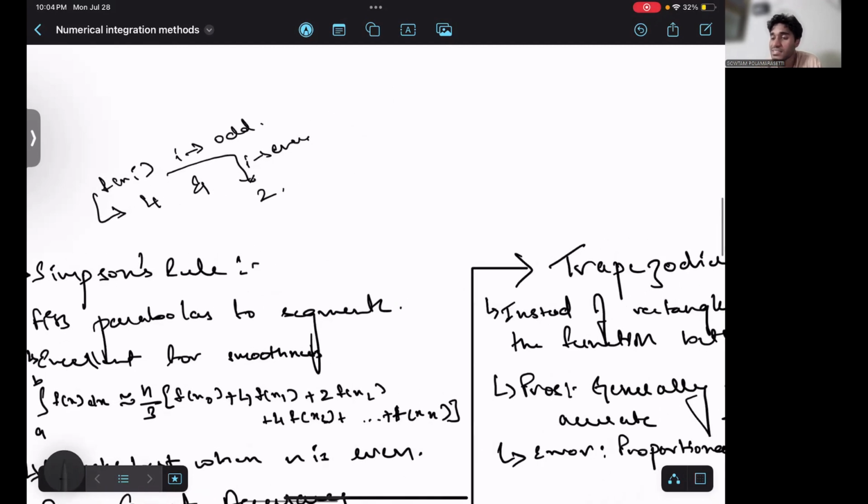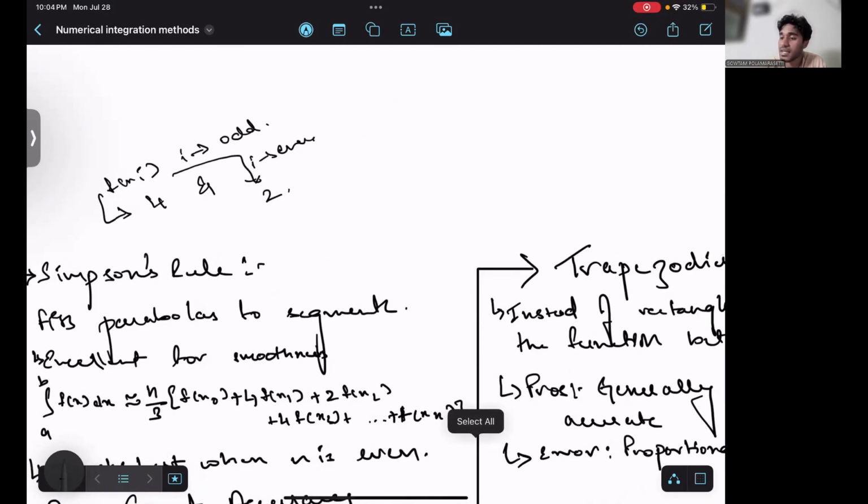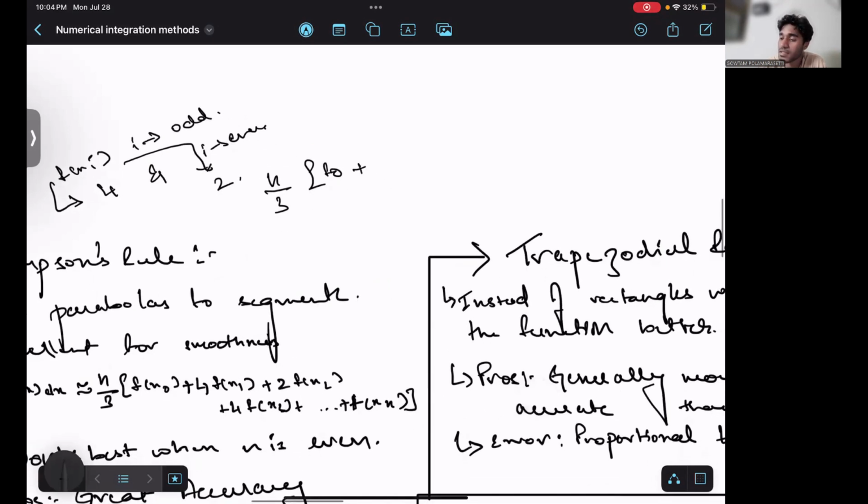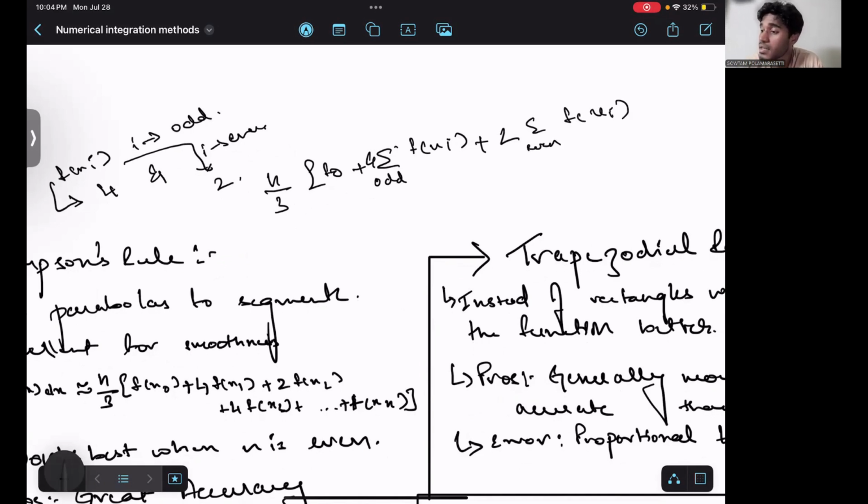So generalizing this, we can write it as h by 3 times f of x0 plus the sum over odd i of 4 into f of xi plus 2 into the sum over even i of f of xi, plus f of xn.